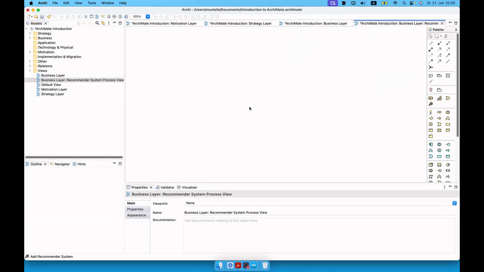Now we have a little bit of context around the system. So we start again with our actor. Here is our customer, and then we have a business object. This business object is purchase history.